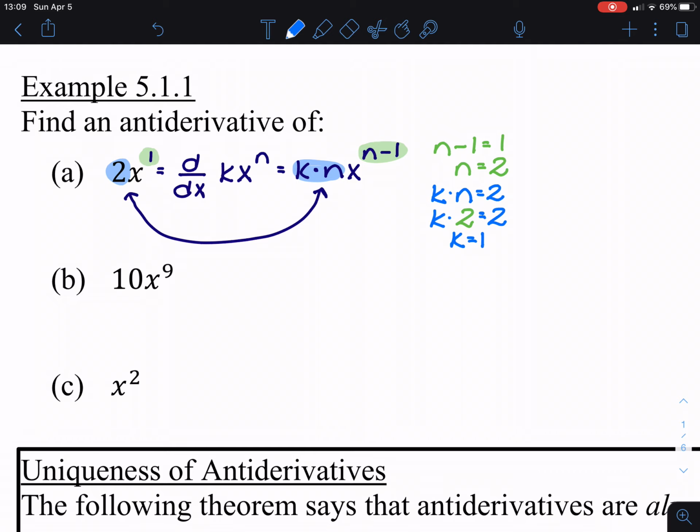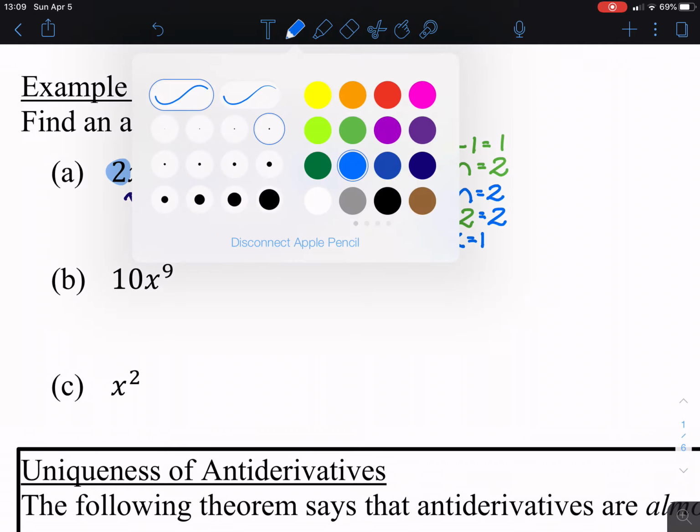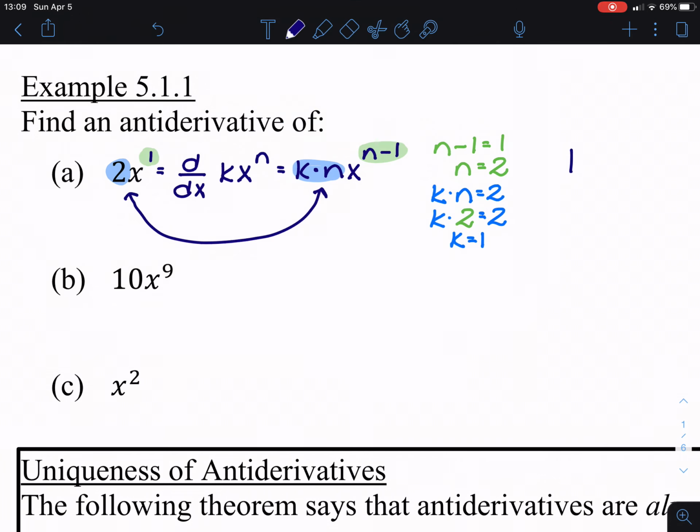And so my antiderivative in this case is 1 times x to the second power. In other words, the antiderivative is x squared. And sure enough, if I take the derivative of x squared, I get 2x. All right, let's take a look at another one.